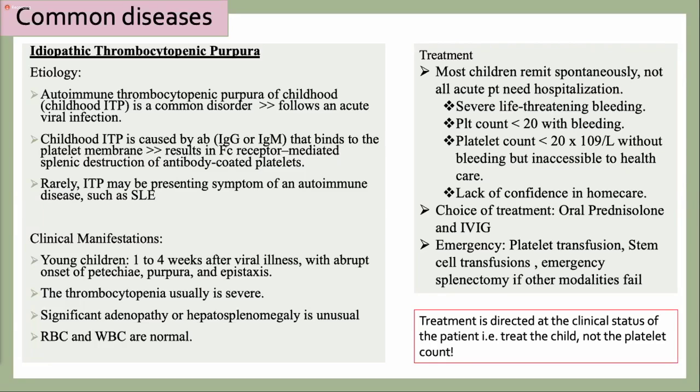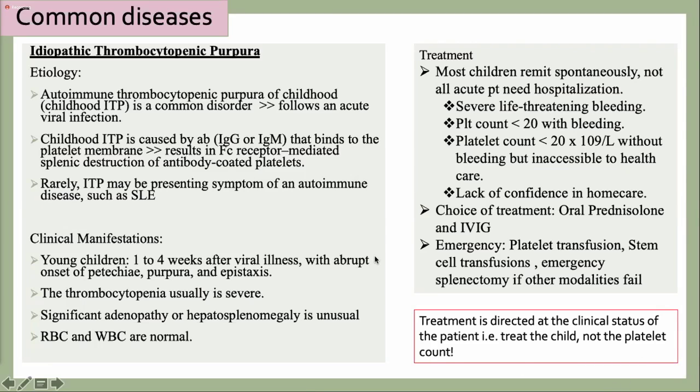Another drug that you can use other than prednisolone and immunoglobulin? Methylprednisolone in severe cases. Methylprednisolone is a steroid. So basically, other than steroid and immunoglobulin, what else? Another drug? Anti-D, is it?